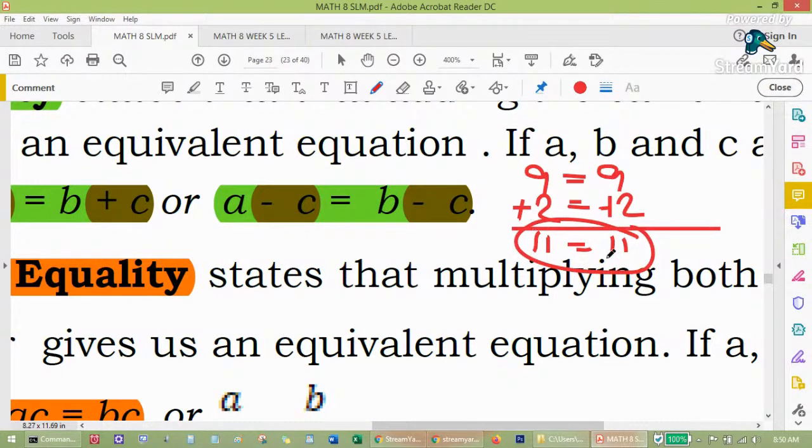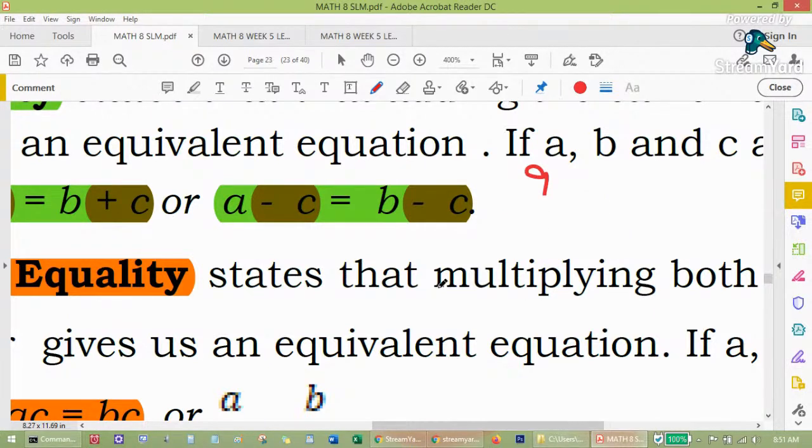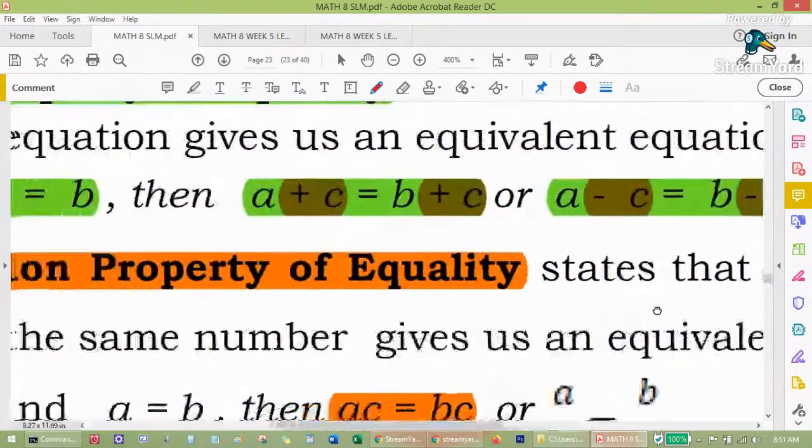Equal pa rin yung both sides. Ganun din kapag nag-subtract. Pag nag-subtract ka dito ng 3, and nag-subtract ka dito ng 3, that's 9 minus 3 is 6, is still equal to 6. Okay? That's the addition property of equality.